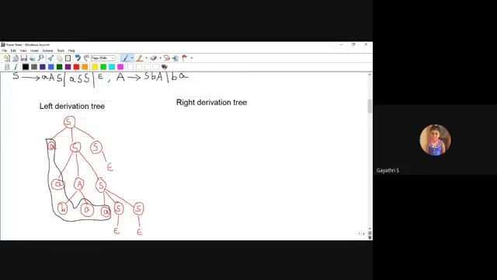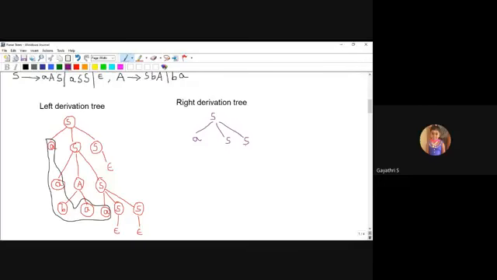Right derivation tree. So here I will start with again S. I will choose for S the same one, A, S, A, S, S. Next, this is the right derivation tree.